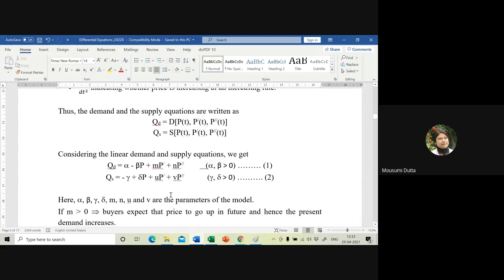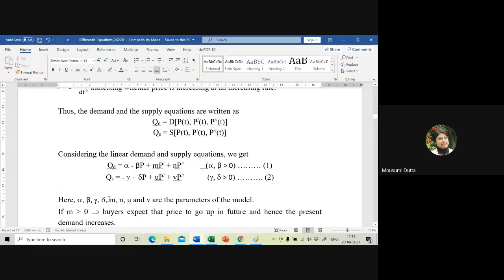However, I'm not mentioning anything about u and v because it may move to any direction. Here, alpha, beta, gamma, delta, m, n, u, v are the parameters of the model. So there are 8 parameters in the model.